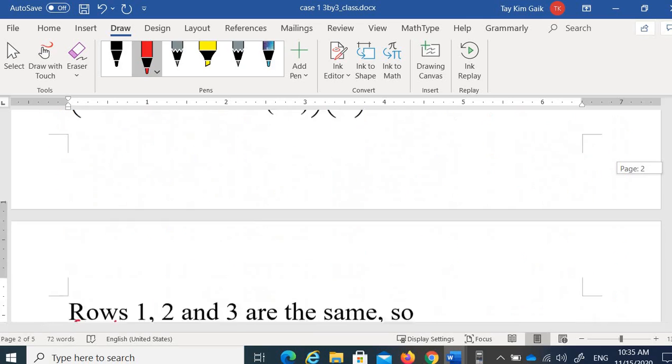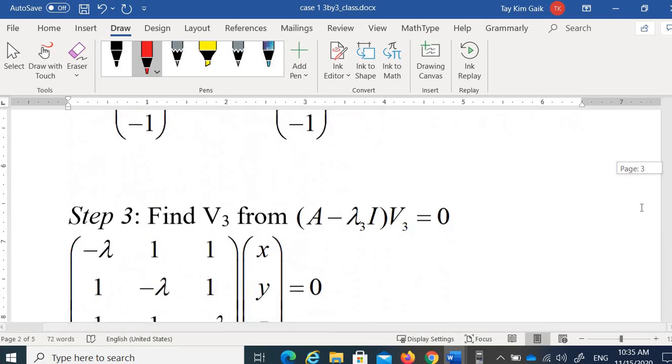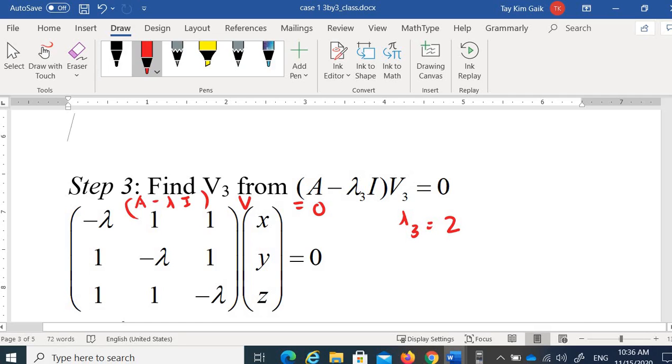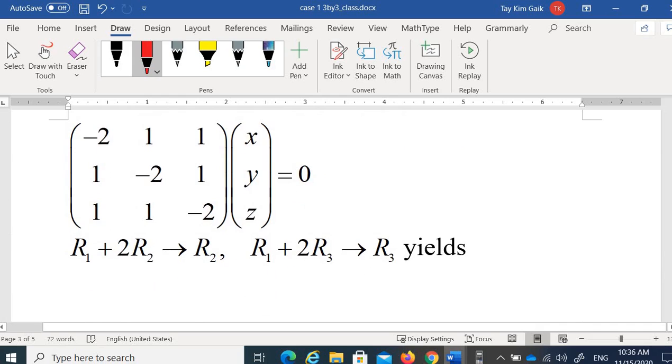So plug in lambda 3 equal to 2 into the homogeneous system (A minus lambda I) V equal to 0. Because initially A here is 0, minus your eigenvalue 2, so minus 2.